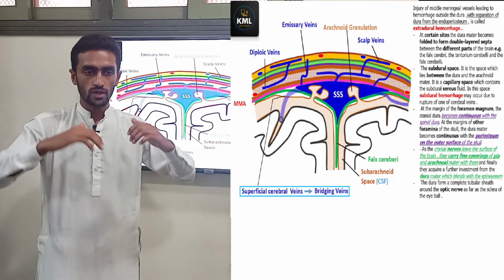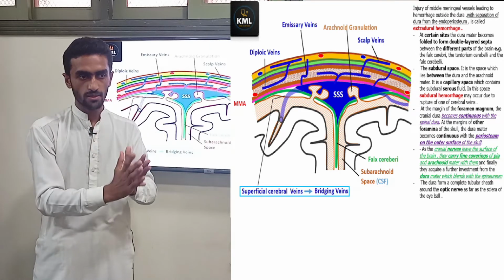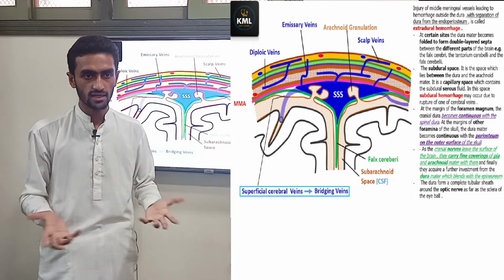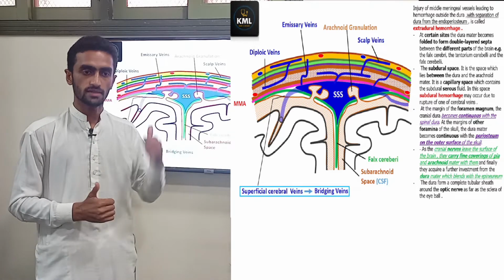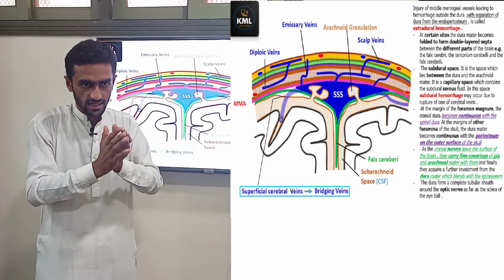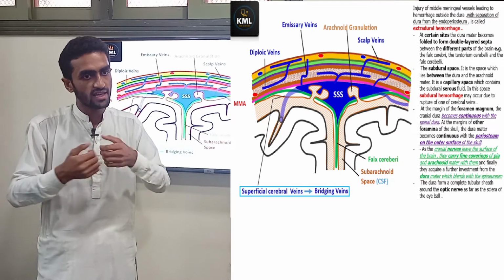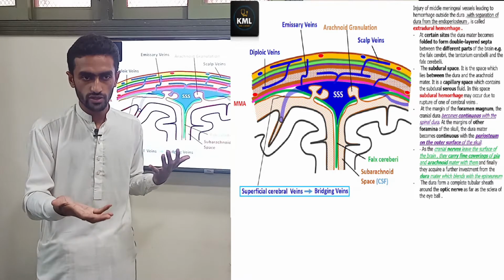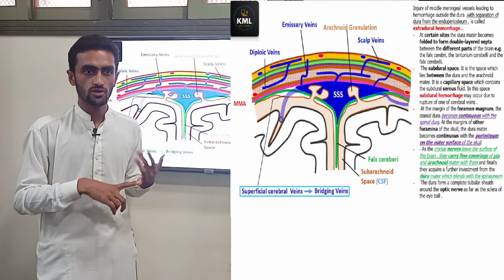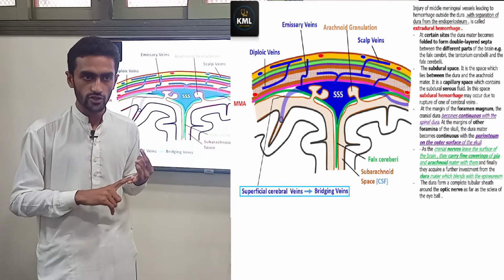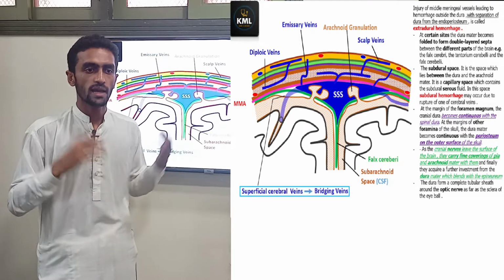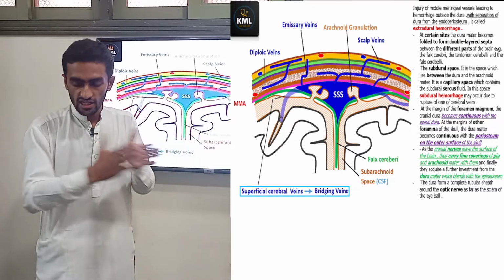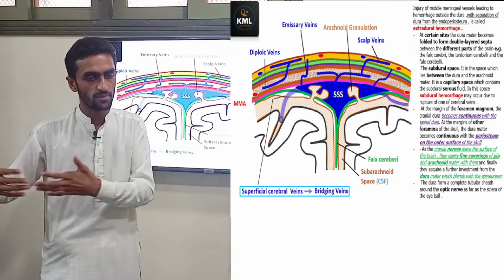What does it mean? When the subarachnoid space is going around, covering your brain and the spinal cord, these layers, the dura and the periosteal layer, are actually continuous with the covering of your nerve fiber. What is covering it? Endoneurium, perineurium, and epineurium. You know better, I mentioned these in the last lecture. So they are continuous with the perineurium and the epineurium.